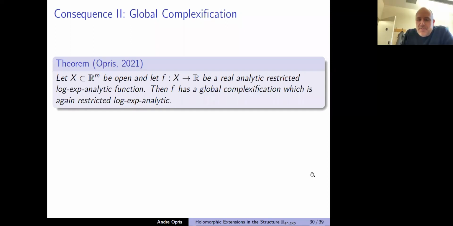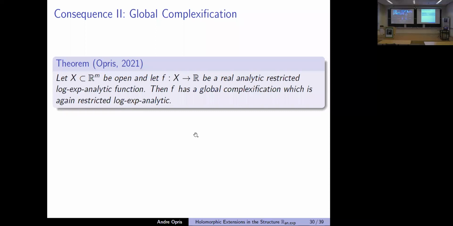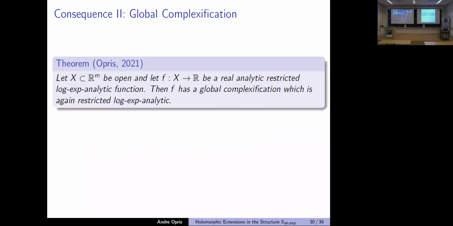Any other questions? Well, I have a much simpler question. Just to get some intuition, if you complexify e to the power -1 over x, where x is greater than 0, how does the region of the definable complexification look like?